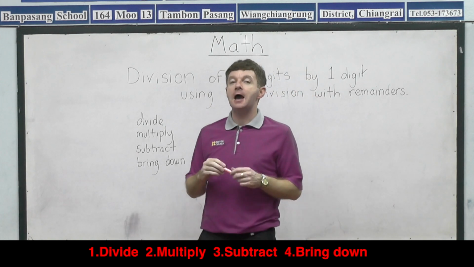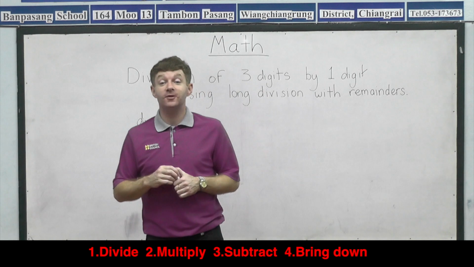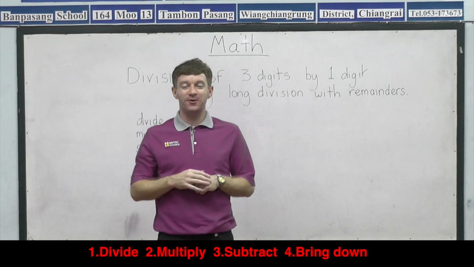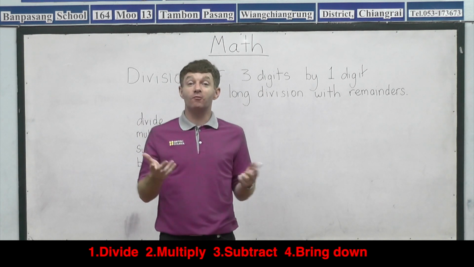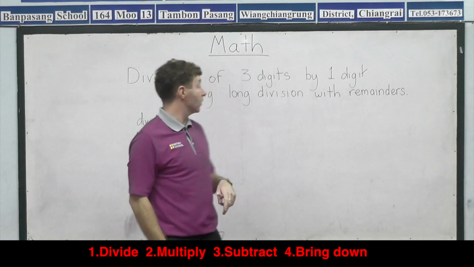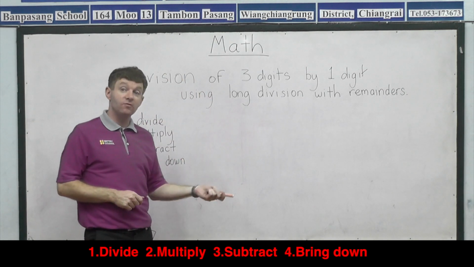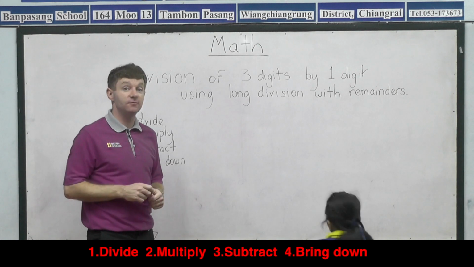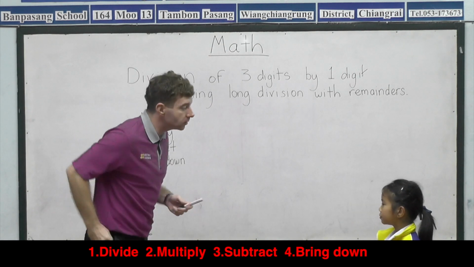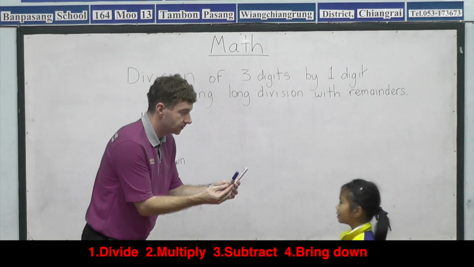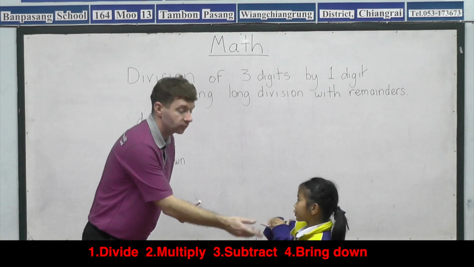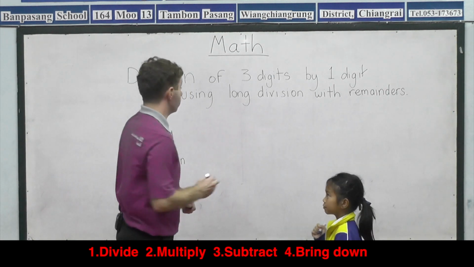So what I'd like now, I'd like a volunteer who will come and help me. Prayer will come and join me at the front. We're going to recap the last lesson where we did 3 digits by 1 digit with long division and using remainders. Okay, so Prayer, what color would you like? Blue. Blue, okay. So what we will do first, I will write the problem.